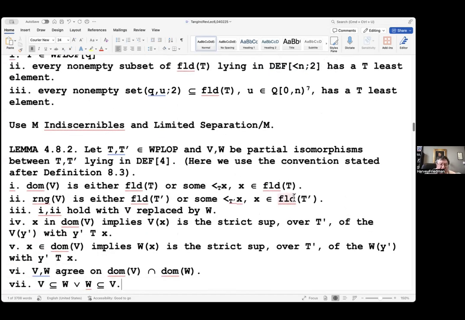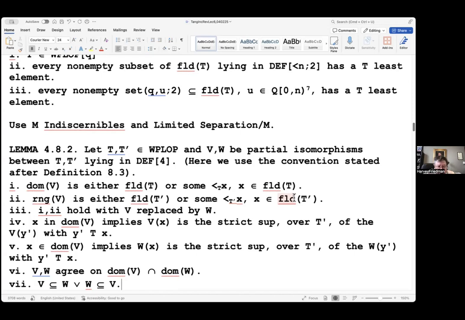Next, suppose I have two of these W plops, well-founded things, and V and W are partial isomorphisms, which are definable. Then the domain is either the whole field or some initial segment.